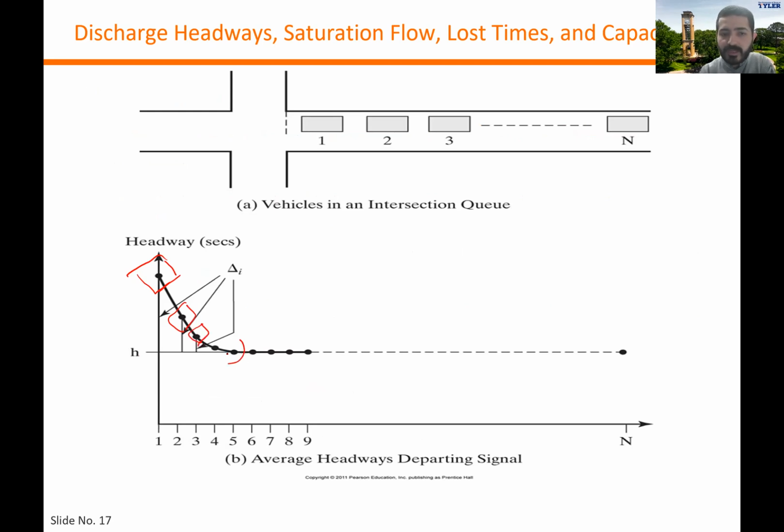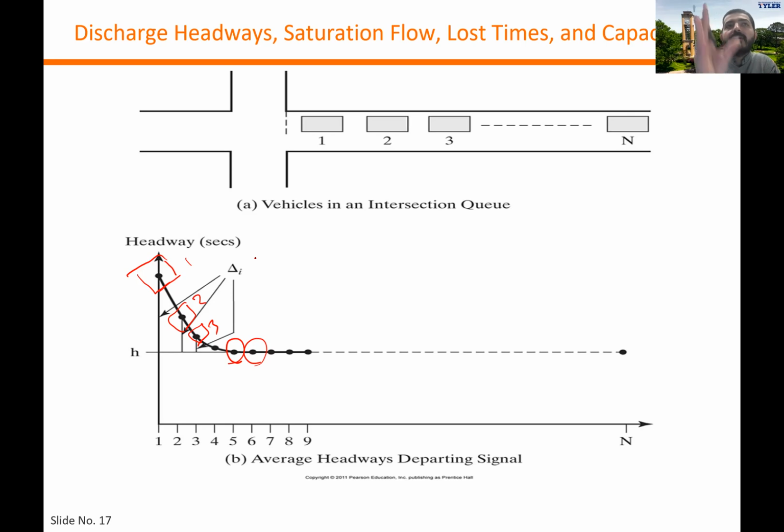But if you are the fifth or sixth car, you see that you're about to move. You see the vehicles in front of you are already moving, so your headway is going to be much less compared to the first, second, or even third vehicle. That is what we call the startup loss time.